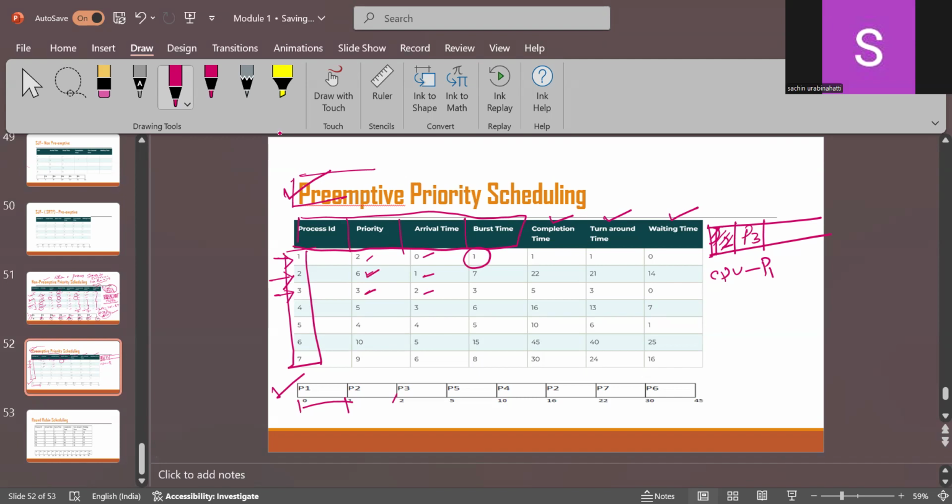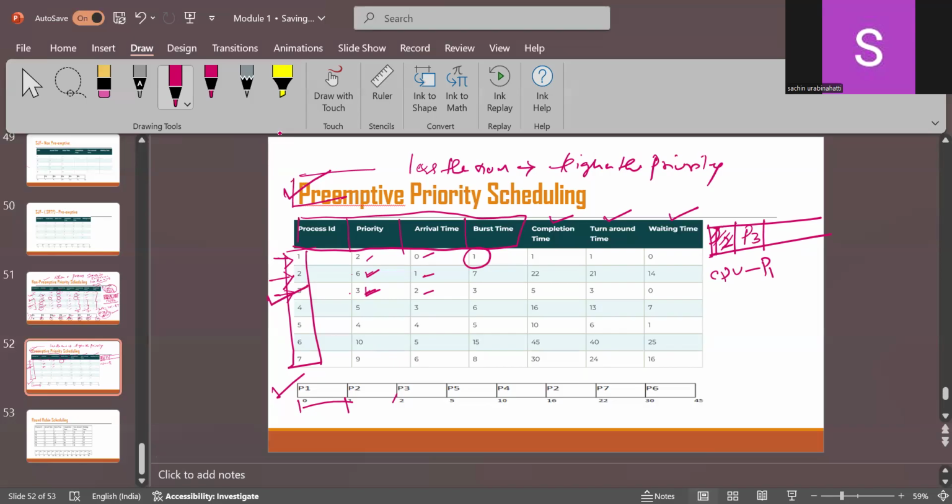Who has the least number? 3 is lesser than 6. As I have told, the lesser the number, the higher the priority. So definitely process 3 will take control of the CPU.